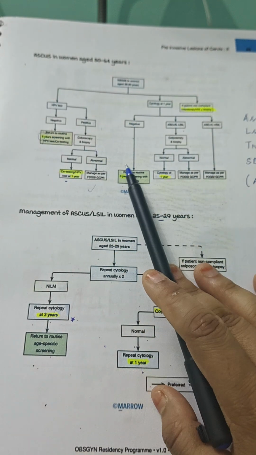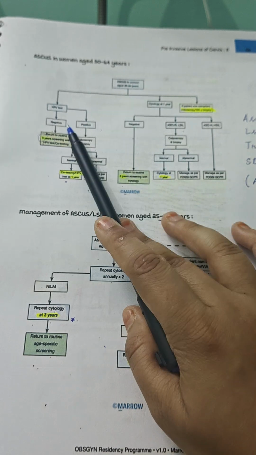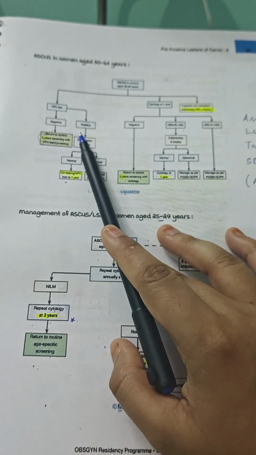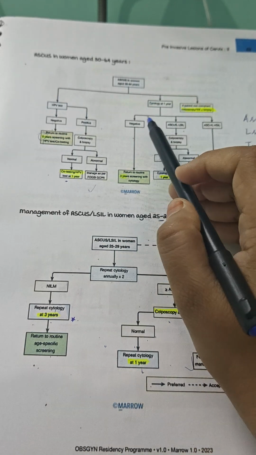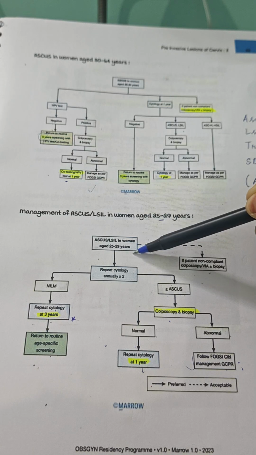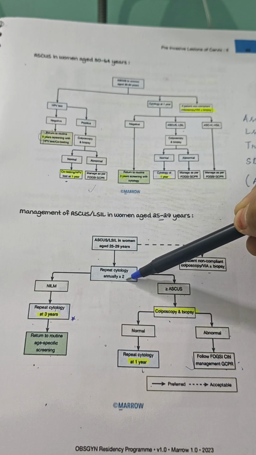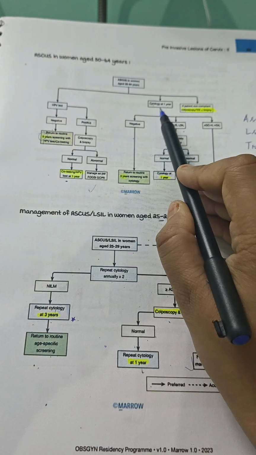Now, if it is not convenient to do HPV DNA testing, meaning the patient's affordability is not there, what will we do? We will repeat her cytology at 1 year. Earlier we were repeating her cytology at 6 months, twice annually, but here we are going to do it at 1 year.